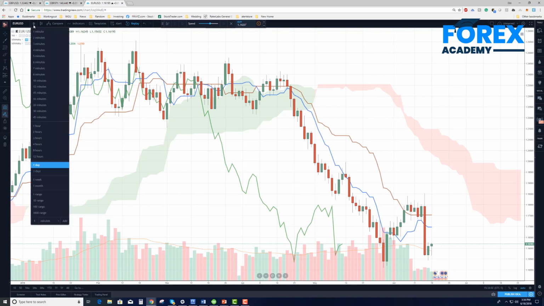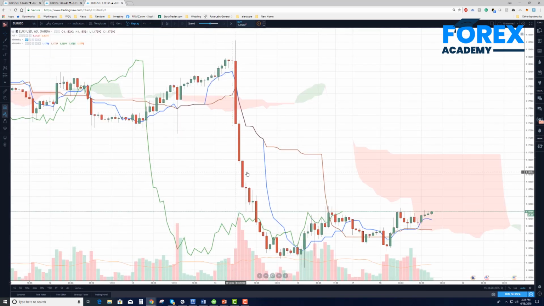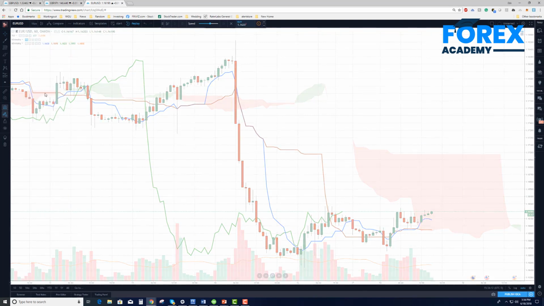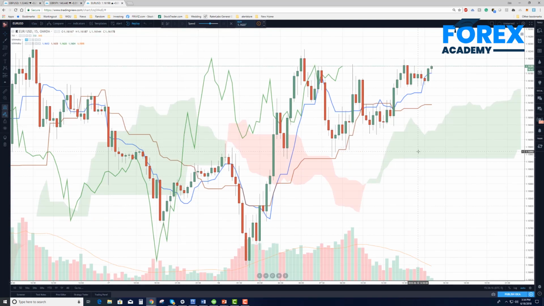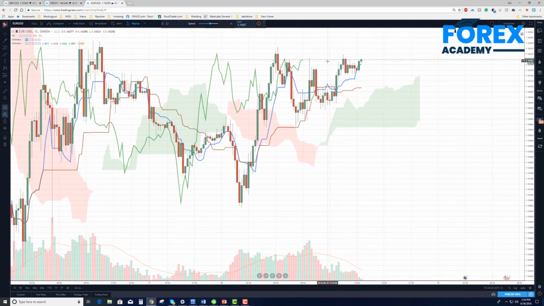Obviously, on daily charts it's going to work better than it does on 4-hour charts. And 4-hour charts are going to work better than 1-hour charts. And 1-hour charts are going to work better than 15-minute charts. But if you like to trade fast, but not like 10-minute charts, the Ichimoku system is not a bad way to trade on a 15-minute chart.